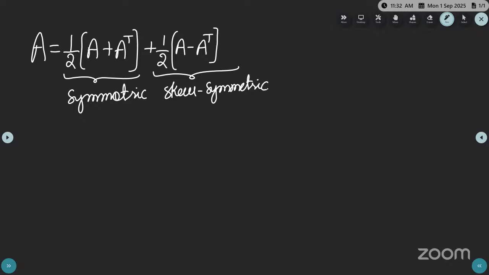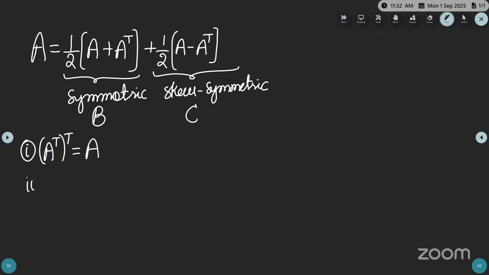Okay. Now, before writing the verification of it, let us write some important properties. If this is B and this is C, we will verify. Before writing that, some important properties. A transpose whole transpose equals A, for any matrix.